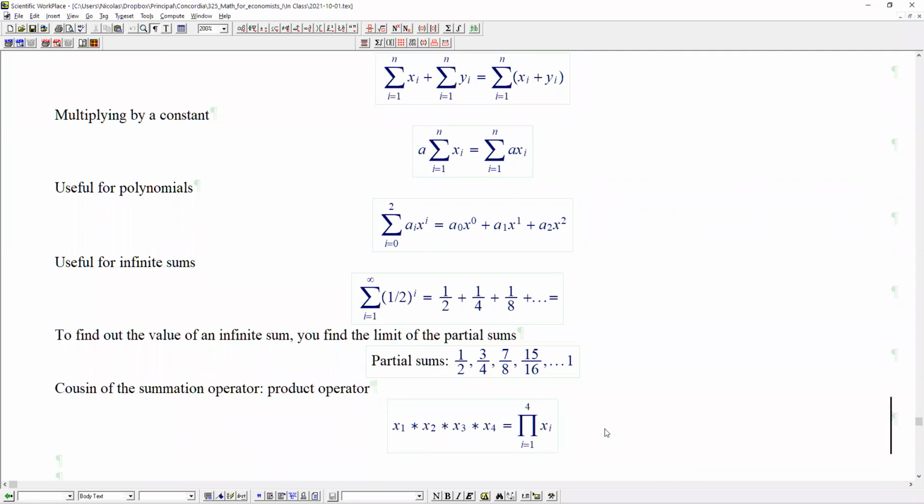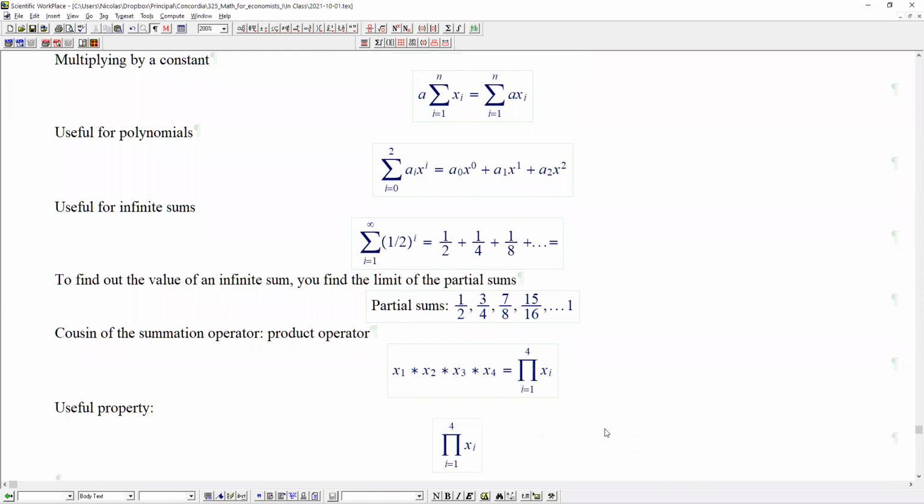By the way, a useful property, if I take the log of this, what do I get?